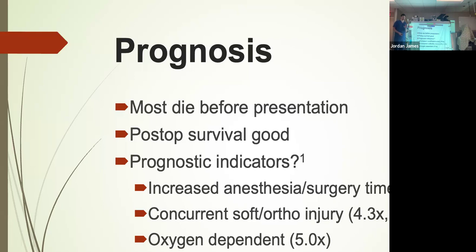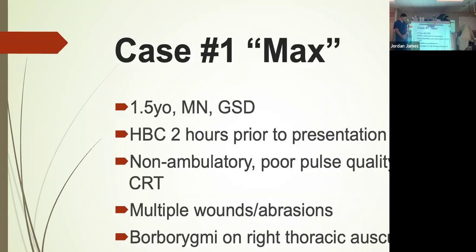So those are going to be some things that, if you see them, those cases are going to be more critical, of course, because they have those concurrent injuries, and it's going to affect their prognosis. So it's just important to be transparent and be aware of those cases needing a little bit more than when they present more acutely and don't have those same issues.